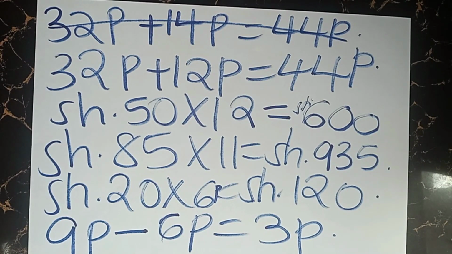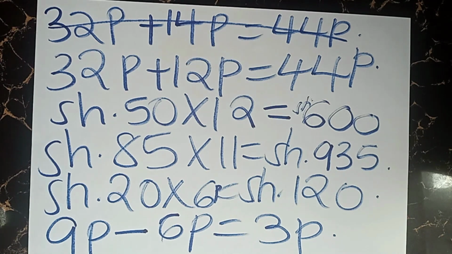So out of the passengers that boarded the bus at the first stop, 3 of them traveled to the final destination. Because these 3 passengers traveled from the first stop to the final destination, they each paid 85 minus 50, which is 35 shillings.